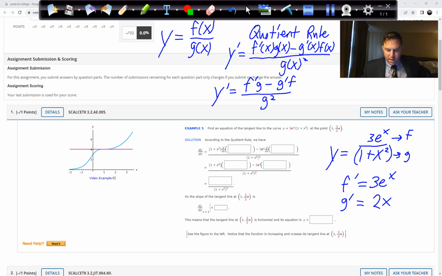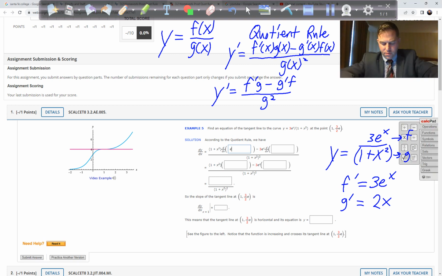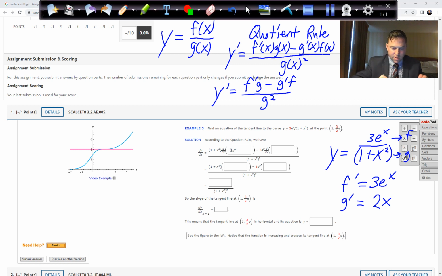So they're going to guide us through this. They left the bottom function alone, so they want the derivative of 3e^x minus, so they switched the order on us, which I'm not a huge fan of, but it's okay. Let me actually write what they want us to do here.